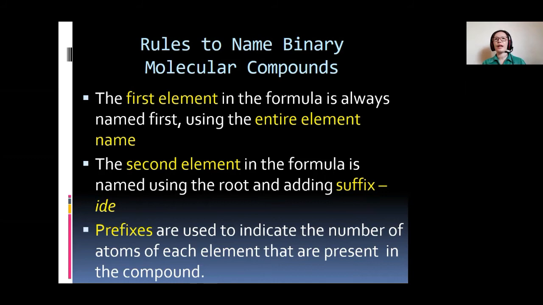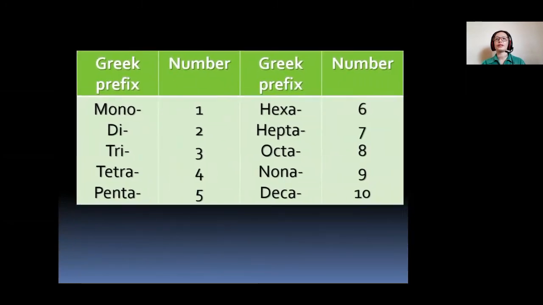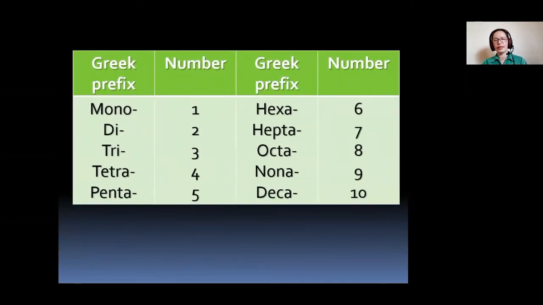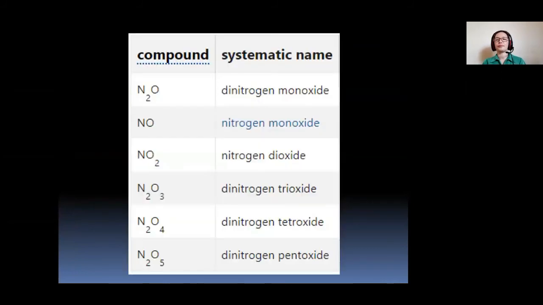This time, in binary molecular compounds, Greek prefixes are used. And what are these Greek prefixes? Mono for 1, di 2, tri 3, tetra 4, penta 5, hexa 6, hepta 7, octa 8, nona 9, and deca for 10.